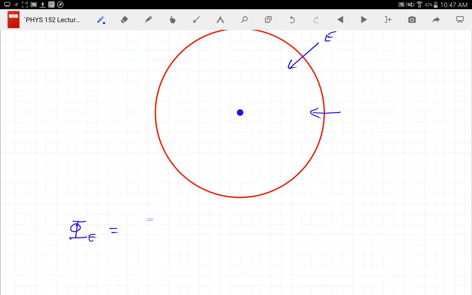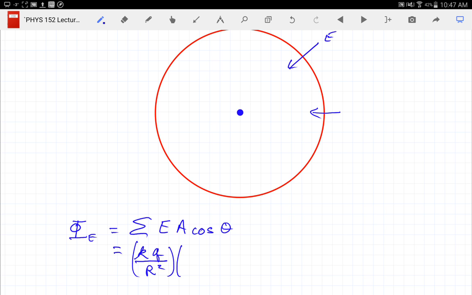is equal to, I need to add up over all the surfaces, but for a sphere I only have one surface. The sum of the electric field times the area times cosine of the angle between them. For a point charge, we learned that the electric field is k times charge divided by radius squared. So there's my electric field.